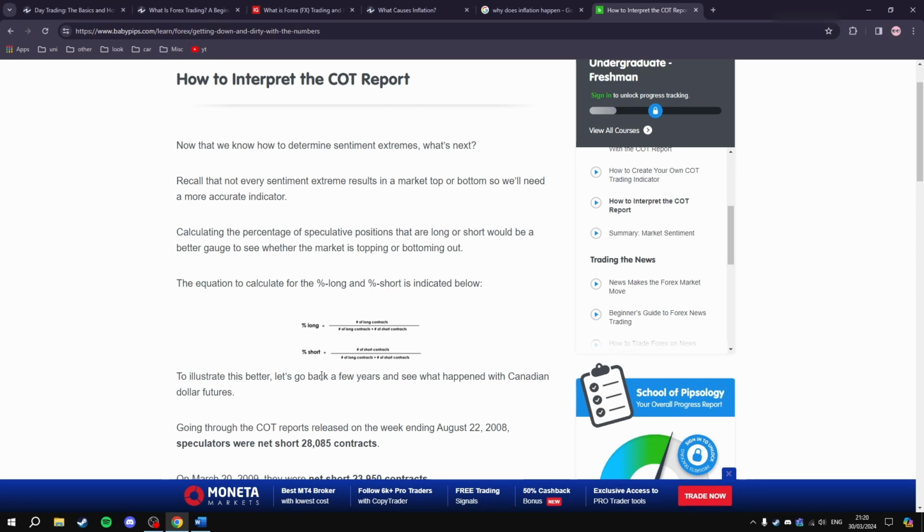The equation to calculate the percentage long and short is indicated below.